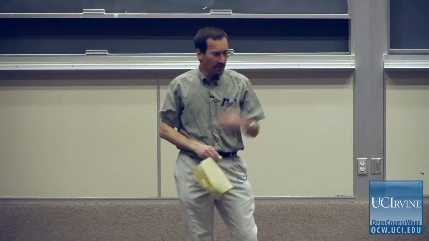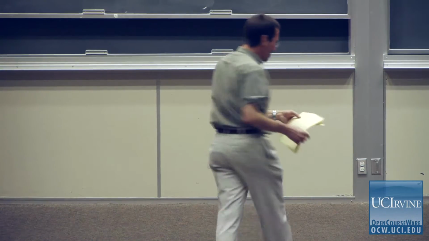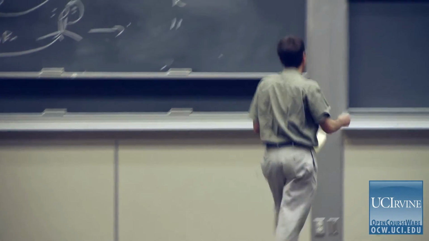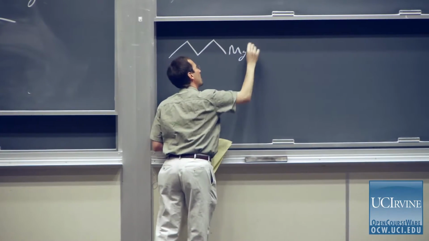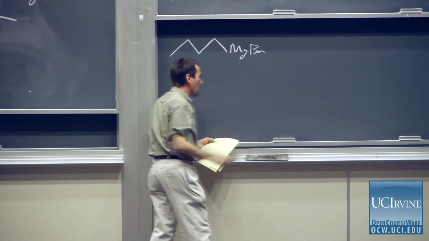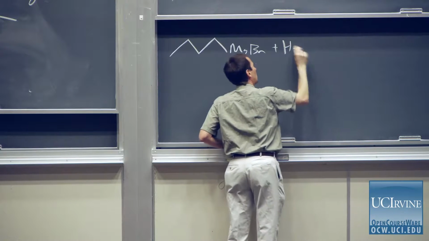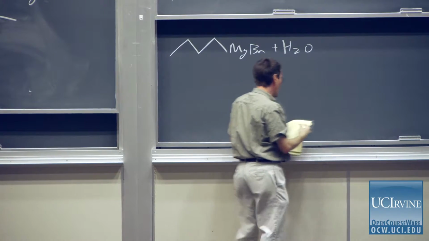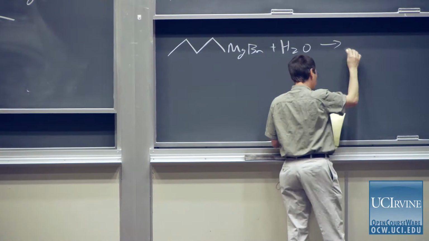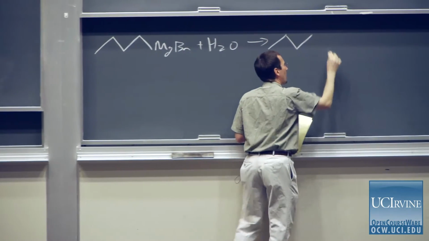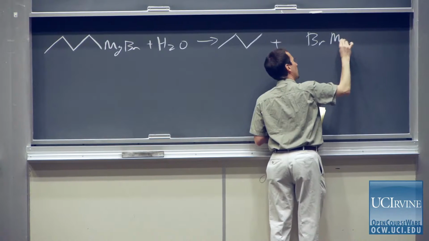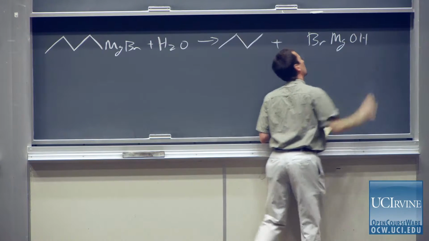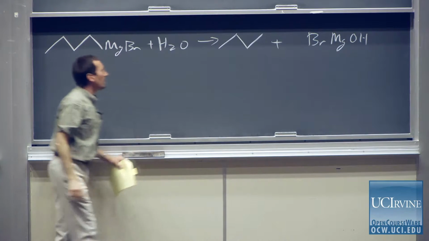But the point of this comes back to what I was saying before about Grignard reagents being very reactive toward water. A Grignard reagent acts as a base with water, and so if you expose a Grignard reagent like butyl magnesium bromide to water, the water acts like a Brønsted acid, and you get butane and bromomagnesium hydroxide, a mixed salt here.